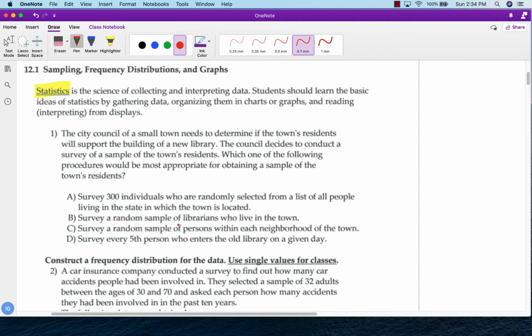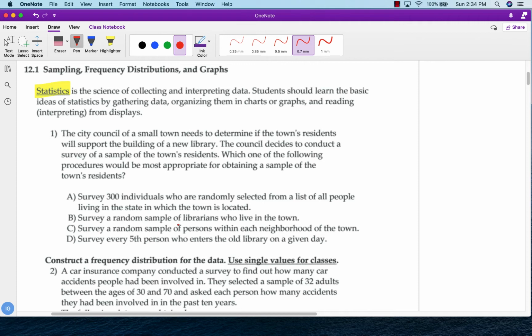The city council of a small town needs to determine if the town's residents will support the building of a new library. The council decides to conduct a survey of a sample of the town's residents. Which one of the following procedures will be most appropriate for obtaining a sample of the town's residents?